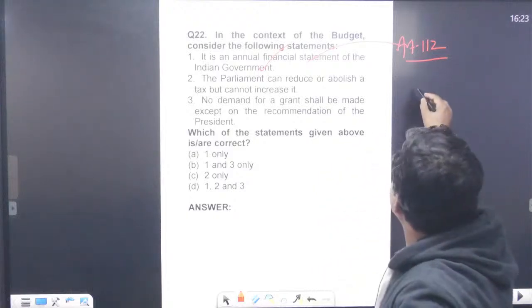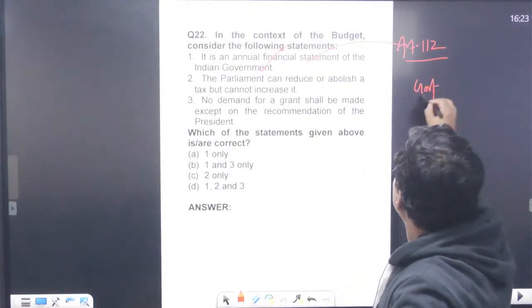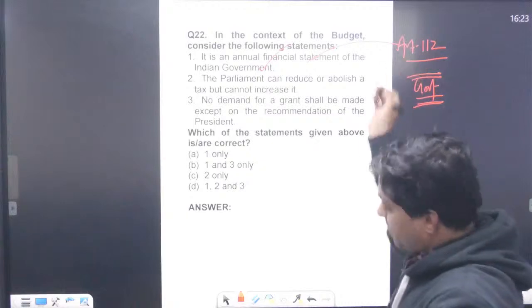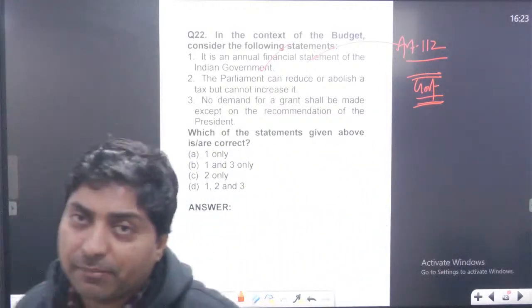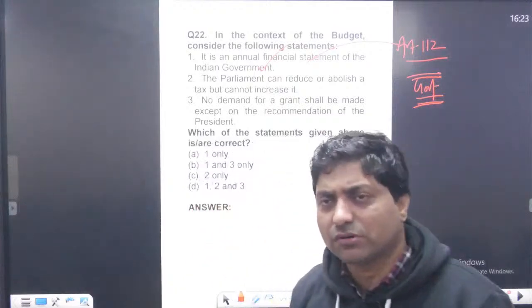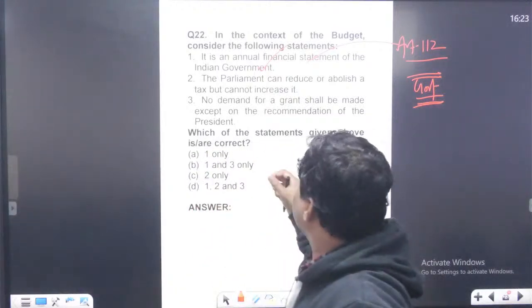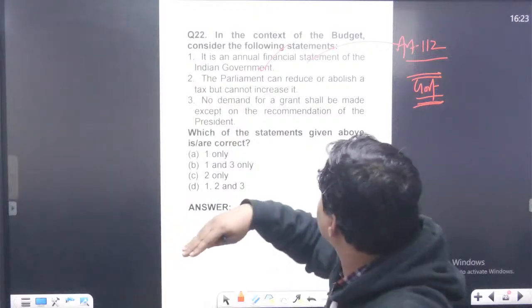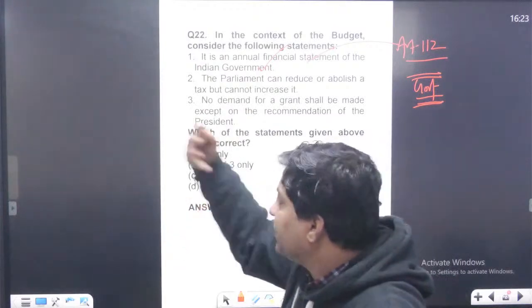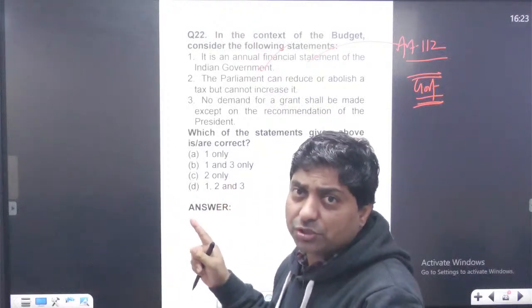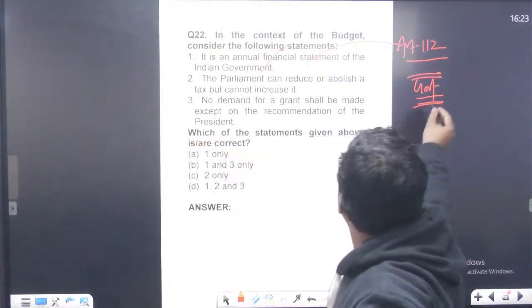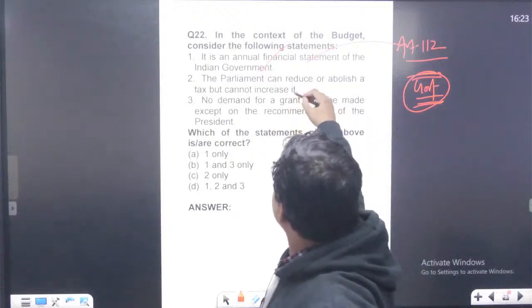It is only the government which increases taxes, not Parliament. Parliament का काम ही नहीं है वो. Parliament करता क्या है? Parliament controls. It can reduce it. It can compel the government to abolish a certain tax. Parliament cannot increase tax. Who increases tax? The government. So this statement is correct.